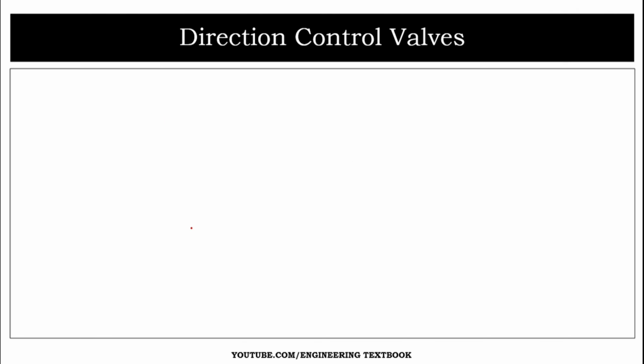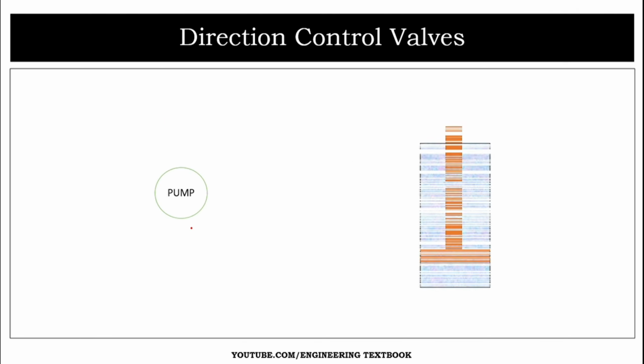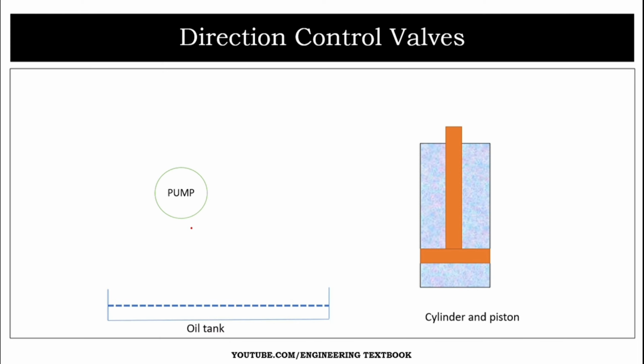Let's say we have to pump oil to this cylinder. The oil from the oil tank passes to the filter and the filtered oil passes to the pump. The pump increases the pressure of the oil and further transfers it to the cylinder. But first, let's talk about the cylinder.